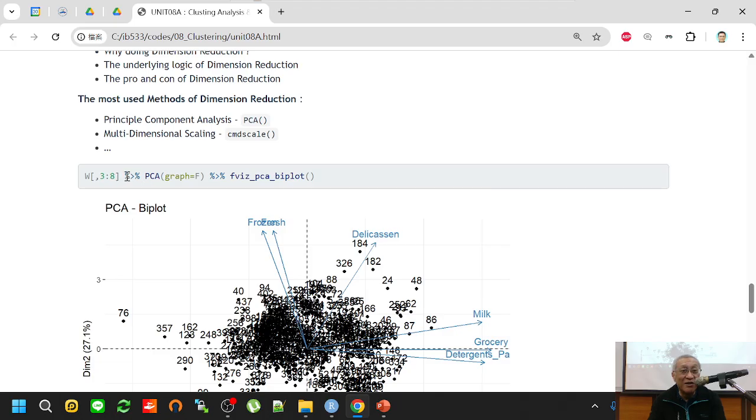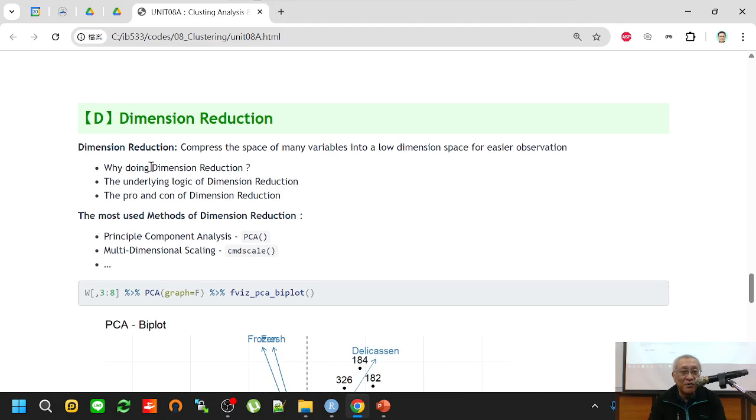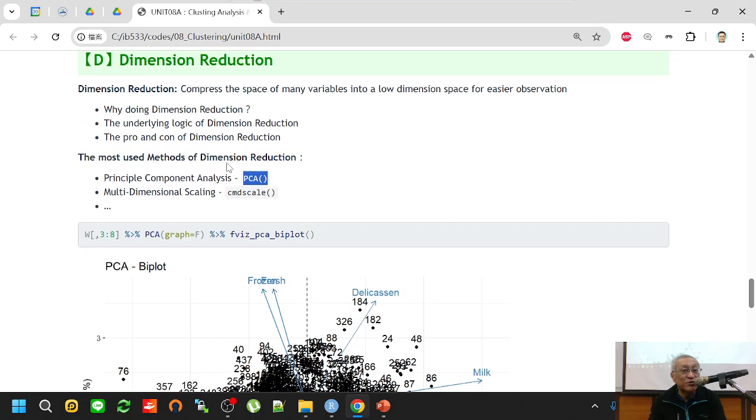You put the data at the beginning of the pipeline, and you call this capital PCA function. The PCA function does principal component analysis, which is one of the major dimension reduction techniques that we use.